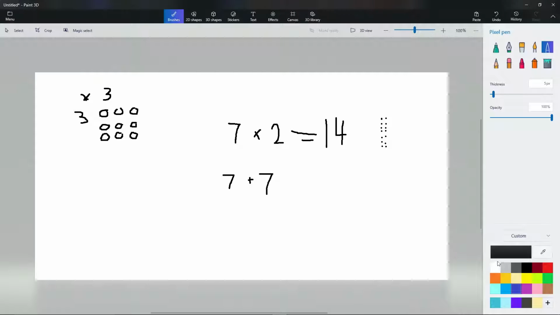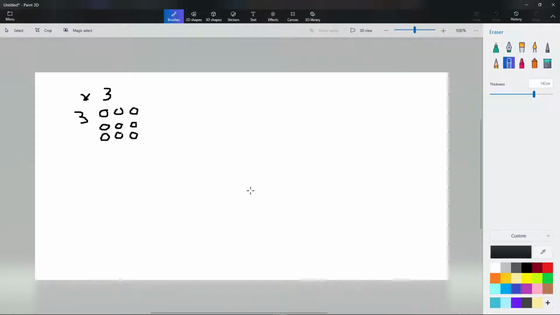And that's really all you need to see here, because now we have already done this enough times where I think you can figure it out on your own. So you know that this will be 14. Alright, so we have that figured out now.